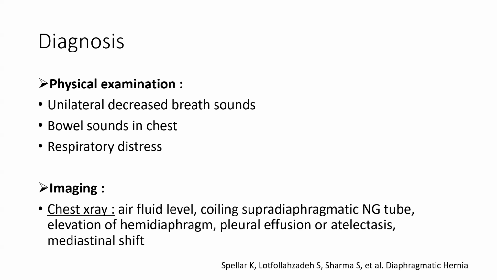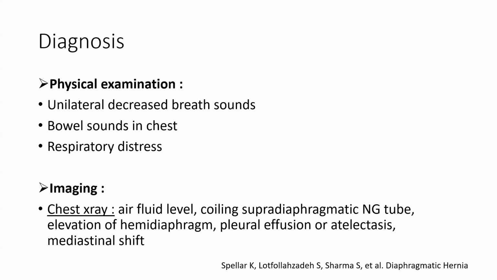So you have a patient with trauma or a history of trauma 6 months, 1 year back, who comes now with vague symptoms, either chest or abdomen symptoms, and then you do a chest X-ray and you don't see the fundal gas shadow. That is the constant finding in a diaphragmatic hernia: absent fundal gas shadow.